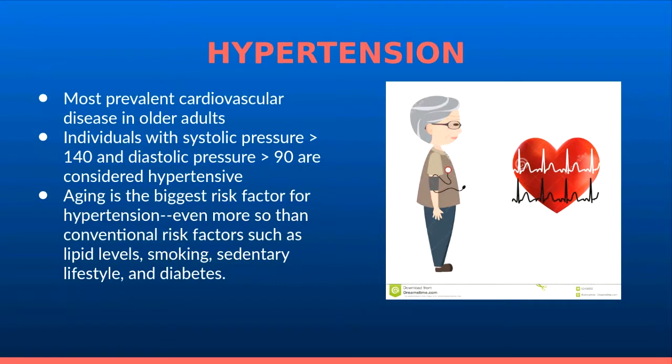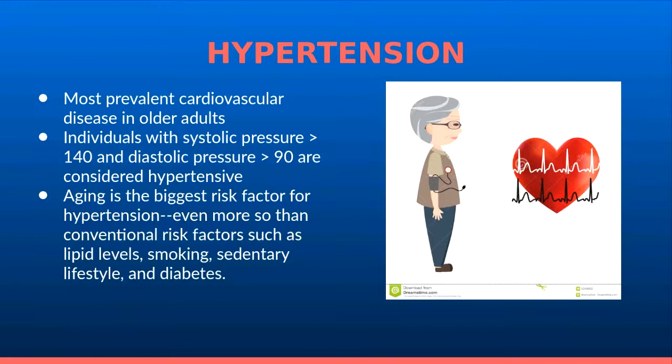Yes. So just some info that everyone probably already knows about hypertension. It's the most prevalent cardiovascular disease in older adults. Hypertension diagnosis requires a consistent BP reading of 140 over 90 or greater.